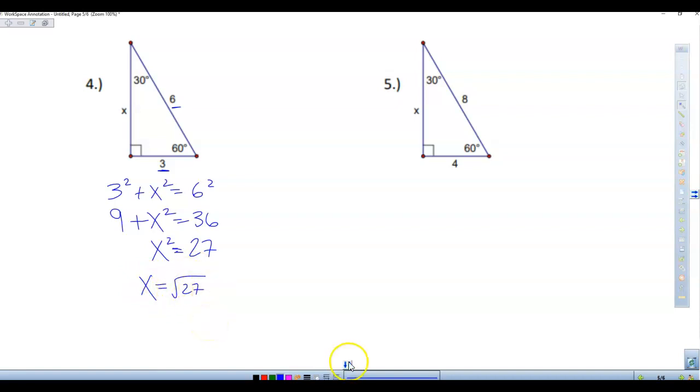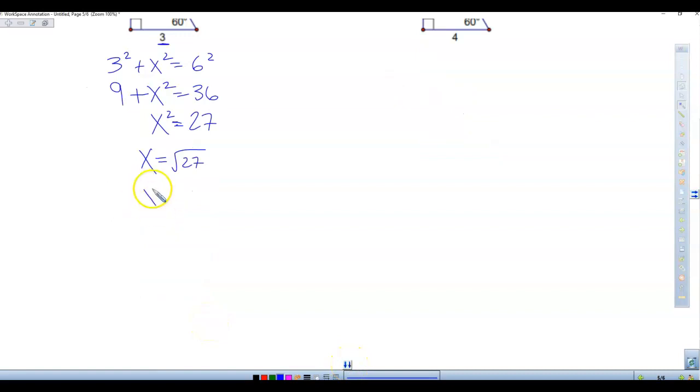And then when I simplify that, hopefully you notice that 27 is 9 times 3. So x is equal to 9 root 3. Excuse me, making a lot of mistakes here. 3 root 3. The square root of 9 is 3, not 9. Oops.